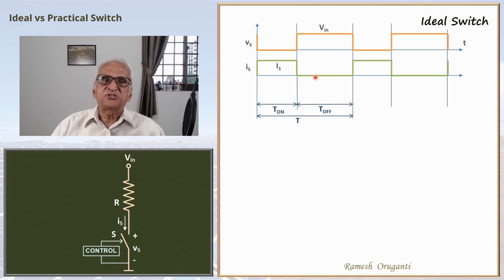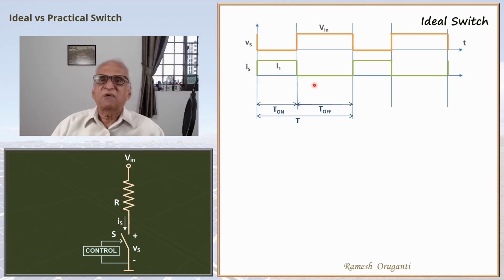During the on interval, the current is I1, but the voltage of the switch is 0. So the power loss is 0. So the conduction power loss, that is the power loss in the switch while the switch is conducting, is 0. During the off interval, the voltage is Vin, but the current is 0.